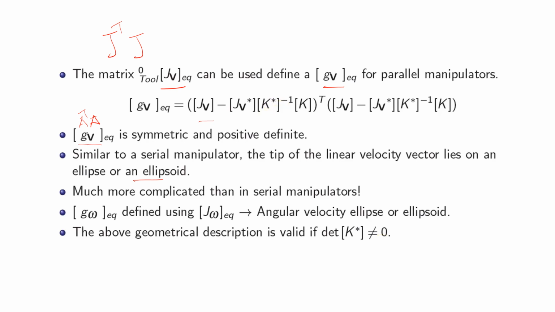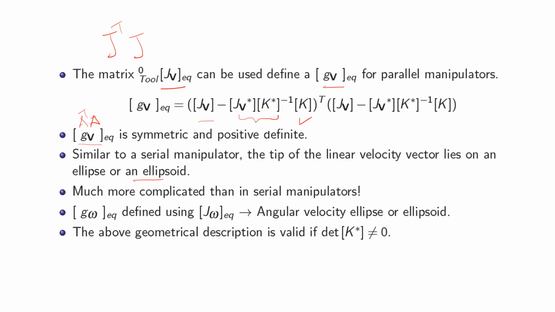However, as you can see, this is much more complicated. It is not simply Jv transpose Jv. We have all these, that is Jv star, K star inverse, then K. So it also contains the effect of the loop closure constraint equations, because we have taken the derivatives of those and obtained K and K star matrices.